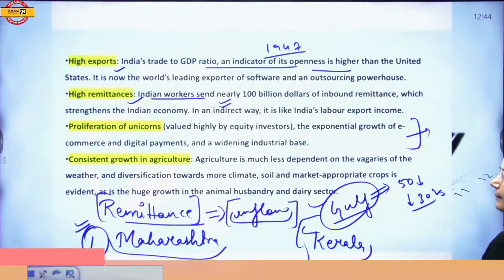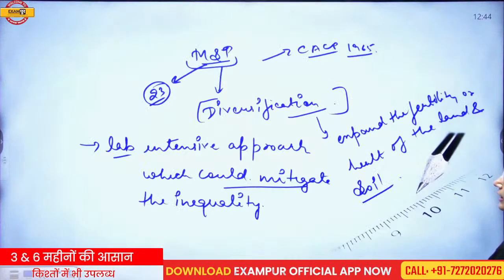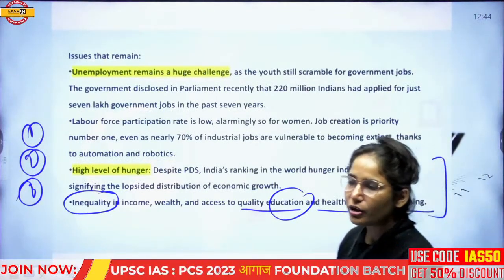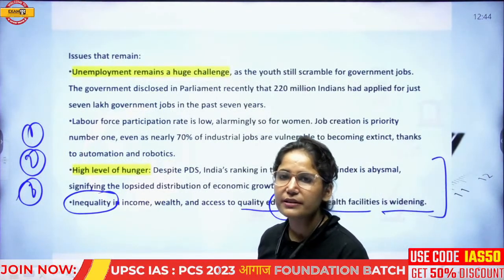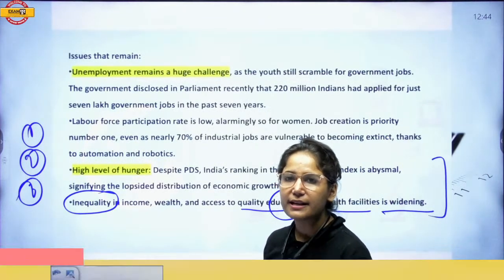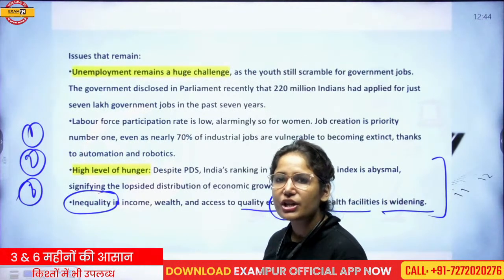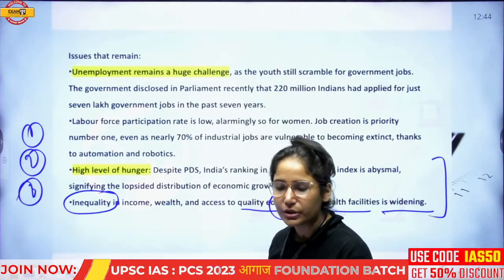Higher export, remittances. I have made you understand what kind of challenges you are facing: even if we are spending or investing in capital formation, it is in sectors which are capital intensive, such as automobiles and the pharmaceutical industries.